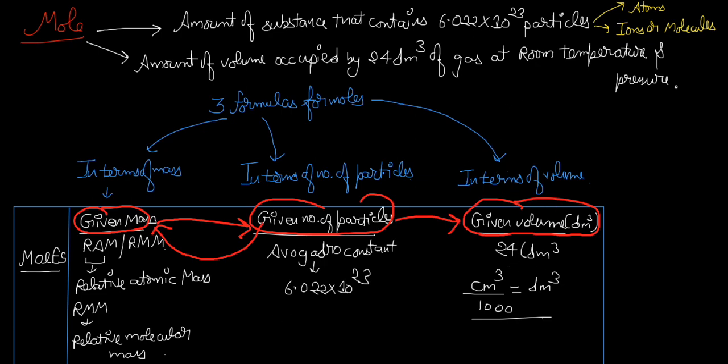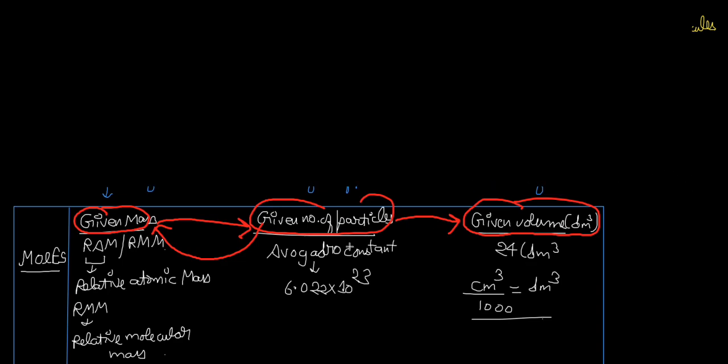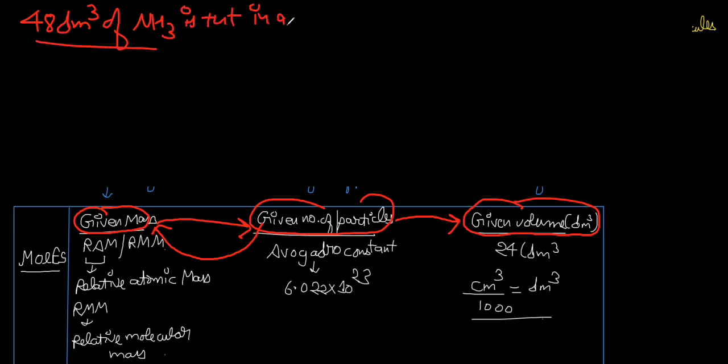So it's saying that, just let me draw a black screen here. Fine. So let's say it's given that 48 dm cube of ammonia is present in a solution.